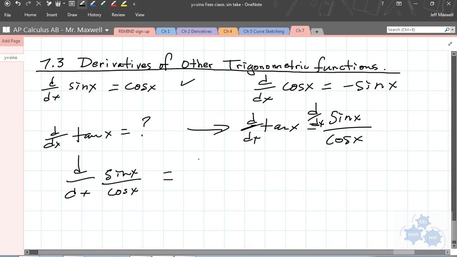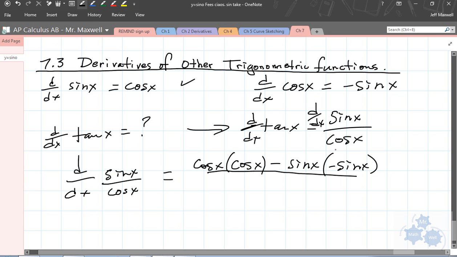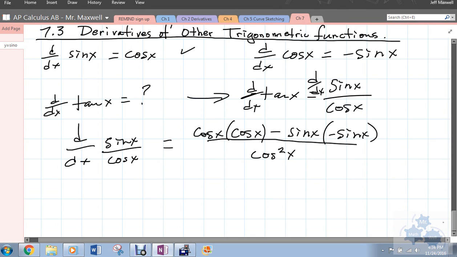Derivative of the top, cos x, times the bottom, cos x, minus the top times the derivative of the bottom. Follow me so far? Divided by the bottom squared. That's cos squared x. So that's our first step.